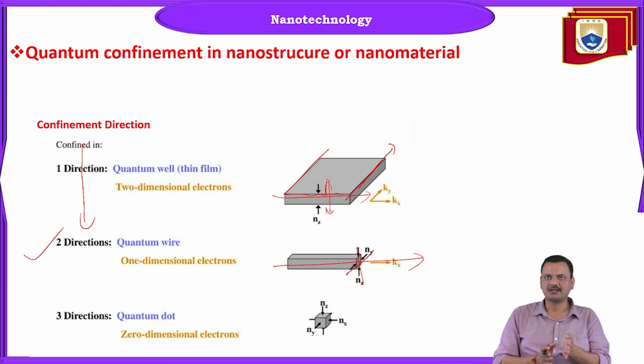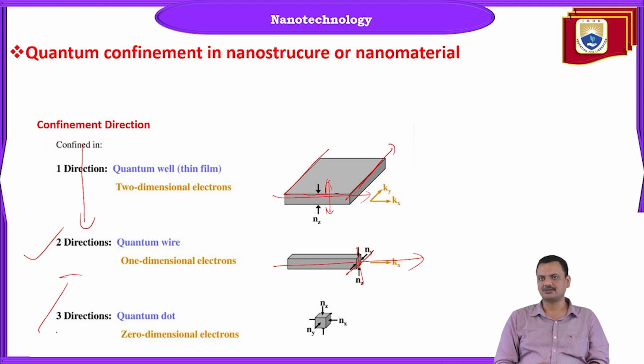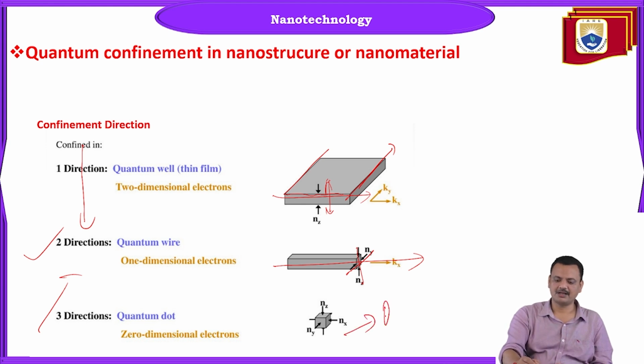If confinement directions are ny and nz or ky and kz, but your material can grow in the x direction, you can say this is a kind of one-dimensional electron system where the confinement direction is two. Now, three-direction confinement and a zero-dimension electron system. This is a kind of perfect quantum dot.